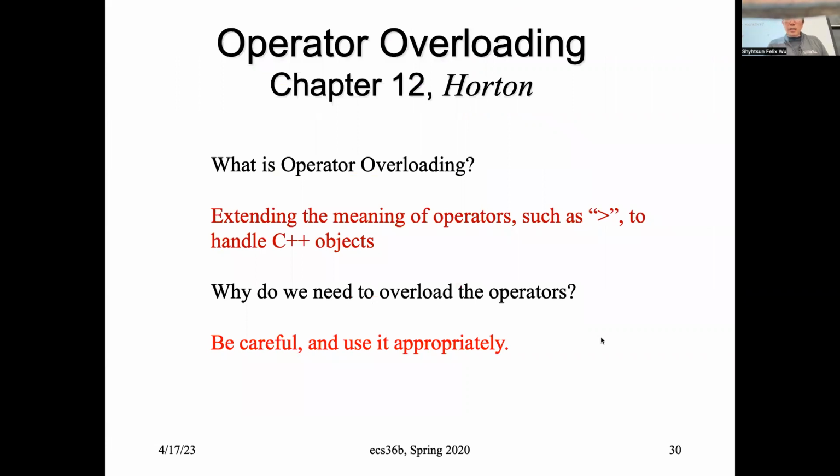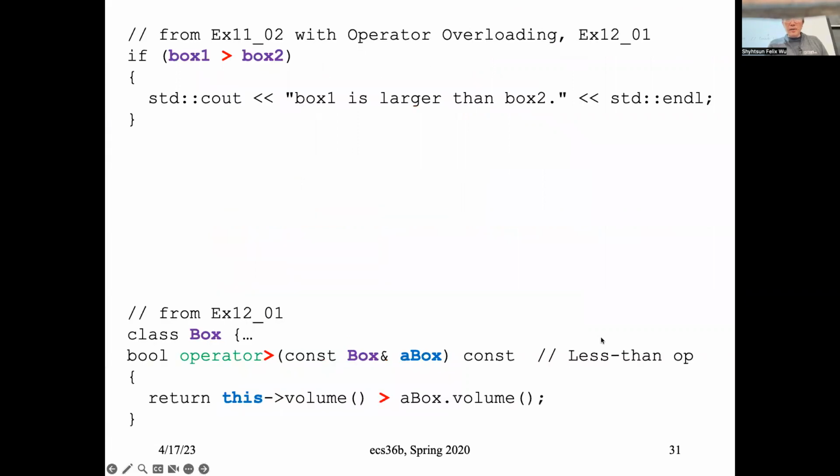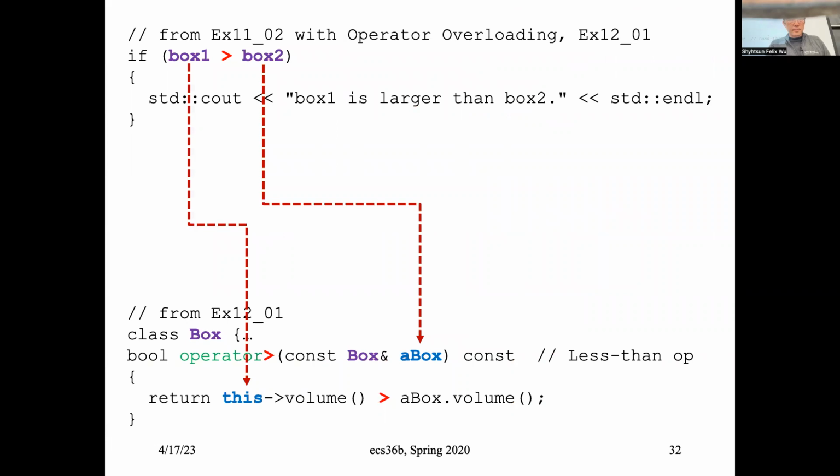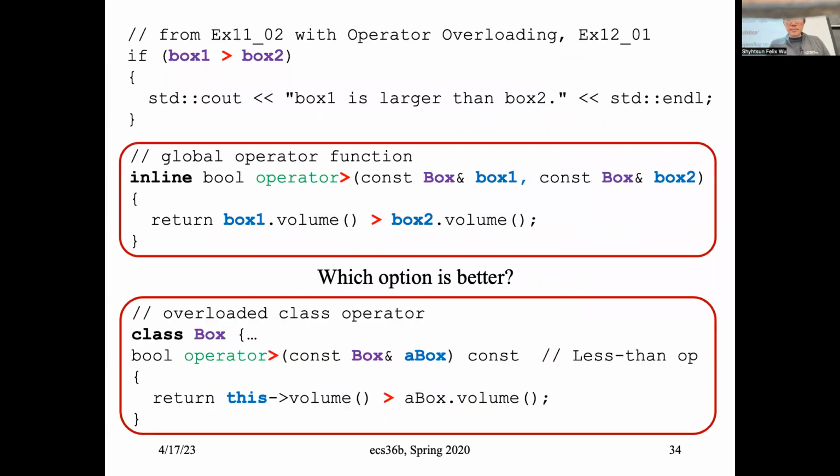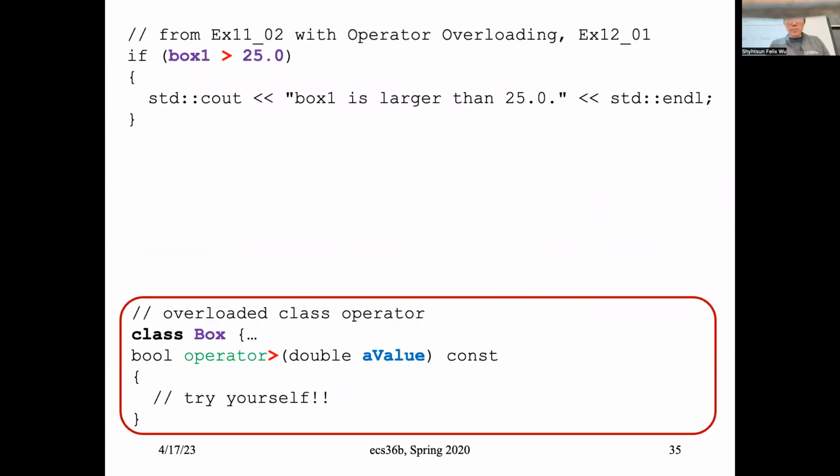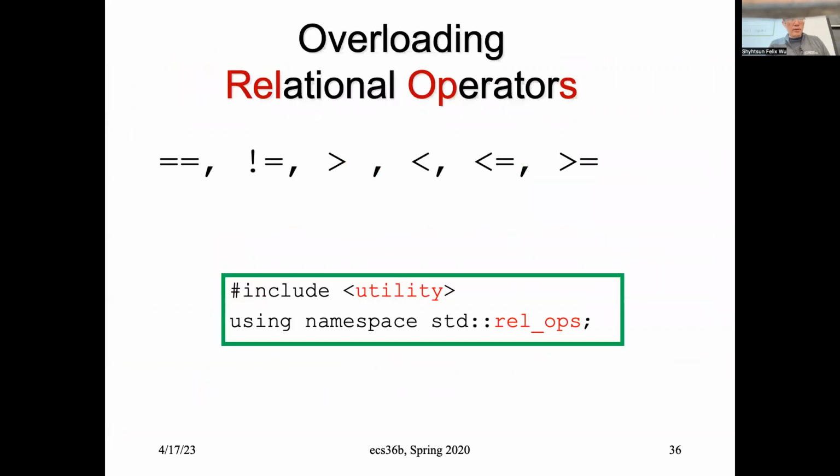So now I want to give you another thing which is interesting. I'm going to skip this part. No, I don't want to do this. So I'm going to look particularly at the 6 operator overloading. These 6 are called relational operators. This is basically the most commonly used operator overloading.